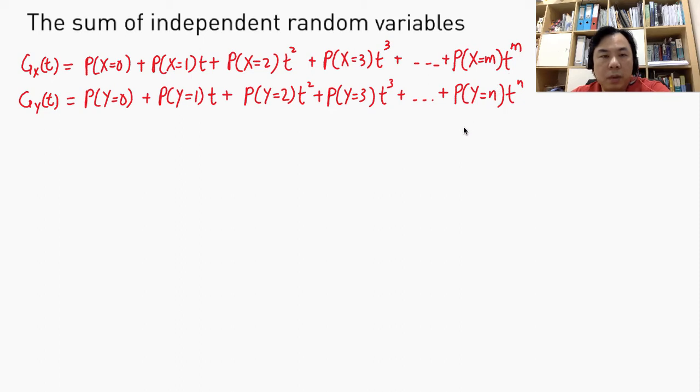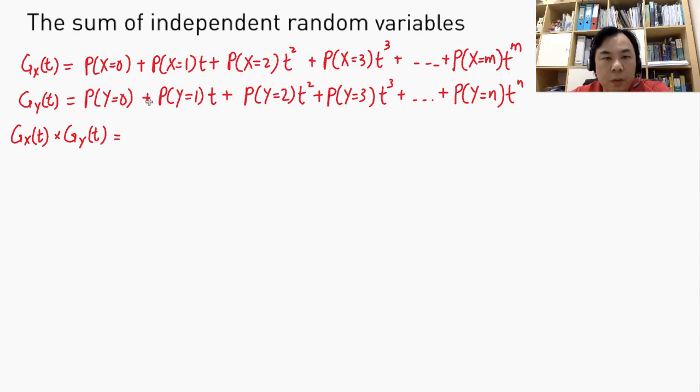Okay, so I hope that is clear. Now, from here onwards, we're going to try something and see whether we can discover something new. So we're going to multiply the probability generating functions of X and Y in this case. Now it's a very lengthy process here, so bear with me.